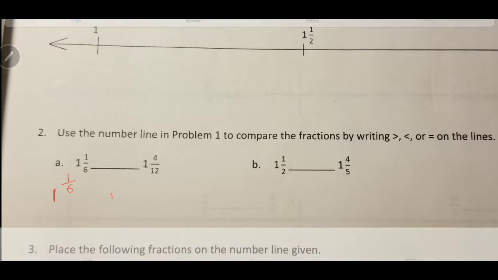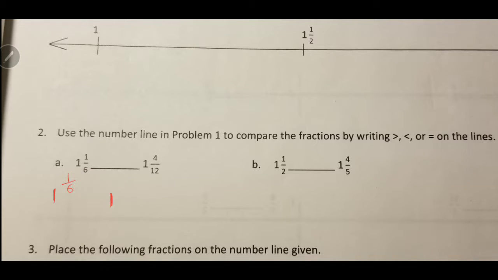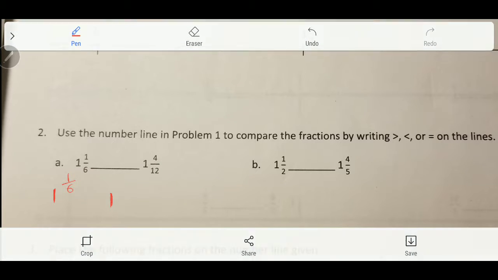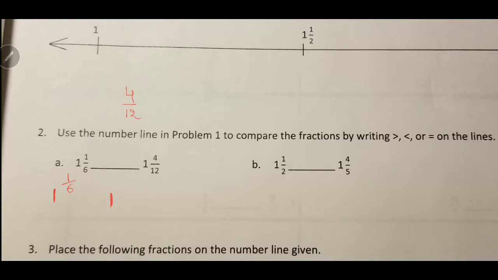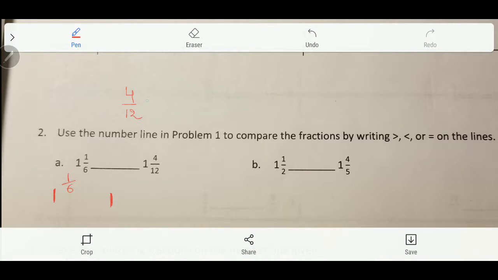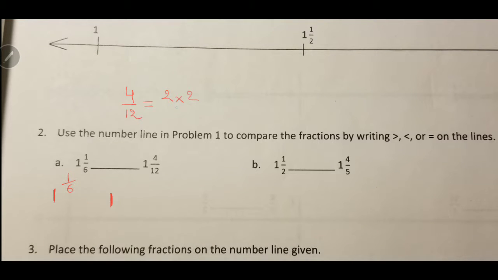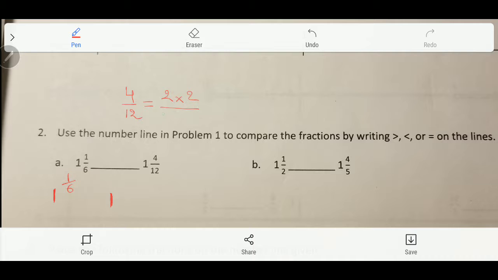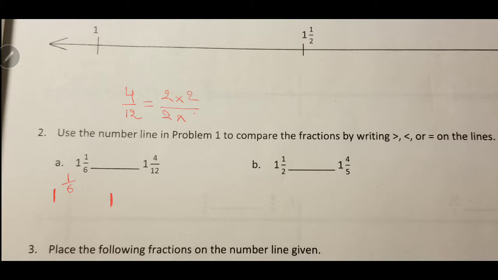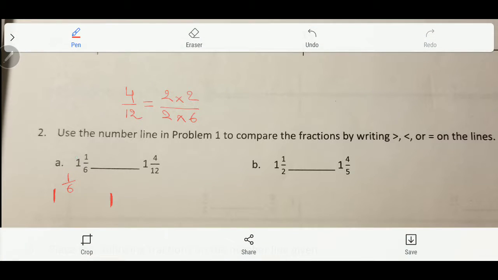And then what about 4/12? 4/12, we can simplify it here. 4 is equal to 2 times 2, right? 12 is equal to 2 times 6.